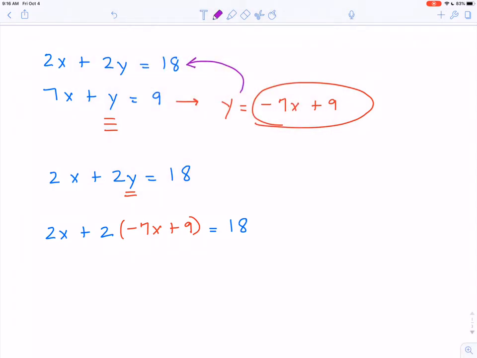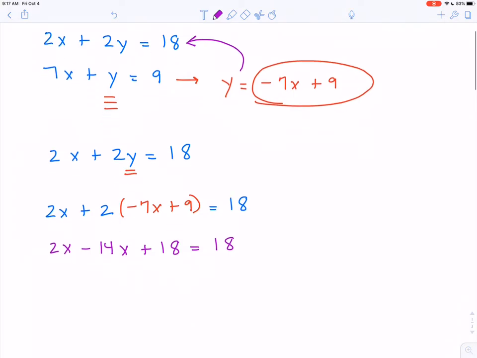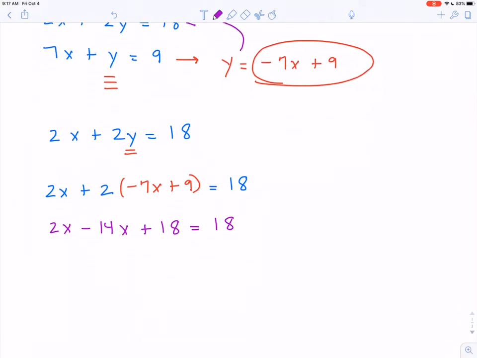So now, when I simplify, distribute that 2, I'm going to have negative 14x plus 18, and then of course on the other side of my equals is an 18 as well. So now notice what happens. When you substitute, you end up with just one variable.